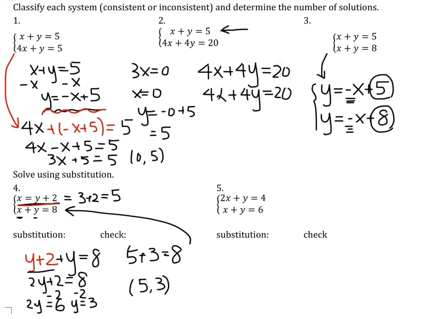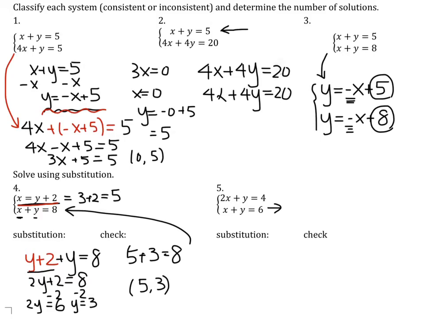Number 5. 2x plus y equals 4, x plus y equals 6. So this time, how do I substitute? It looks like this second equation is simpler than the first one. Why is it? Because both of my coefficients for x and y are 1.